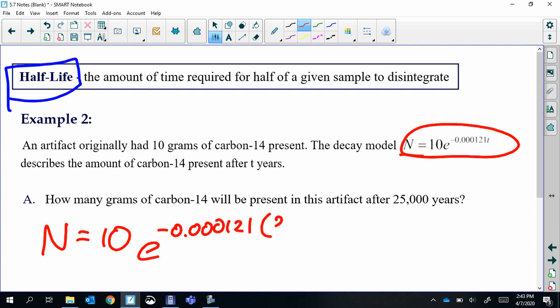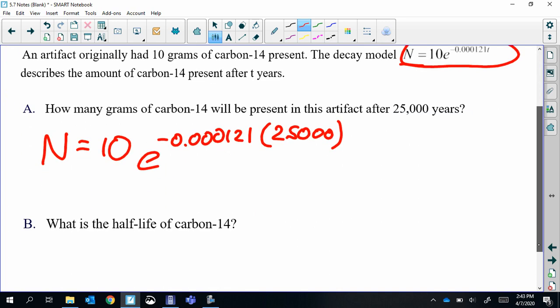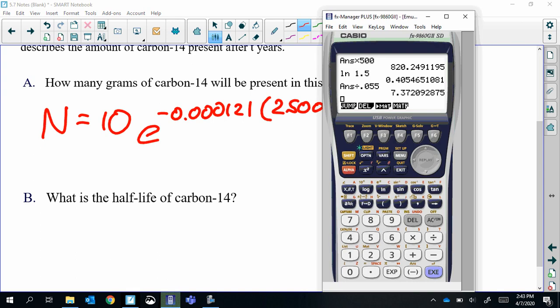And again, plugging in 25,000 for t, and then times the 10 that was in front.